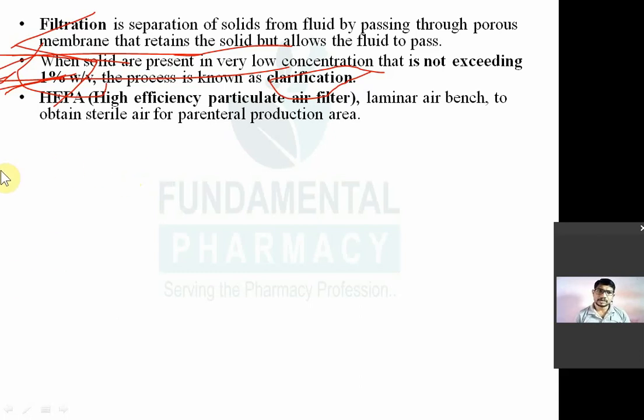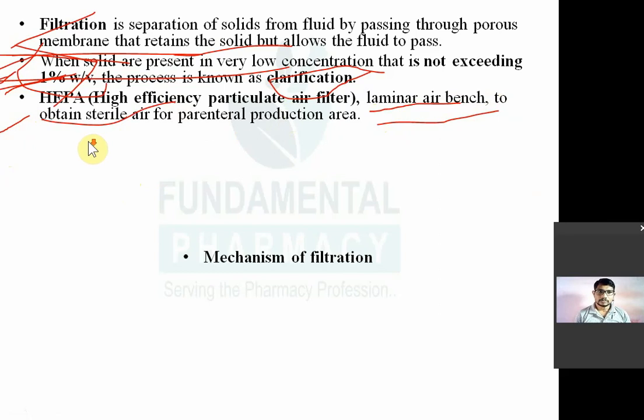So to obtain sterile air in the parenteral production area, you need HEPA filters. Remember. Now in microbiology you also use laminar airflow or laminar air benches, and in those laminar air benches HEPA filters are fitted. Okay, what is the mechanism of filtration?